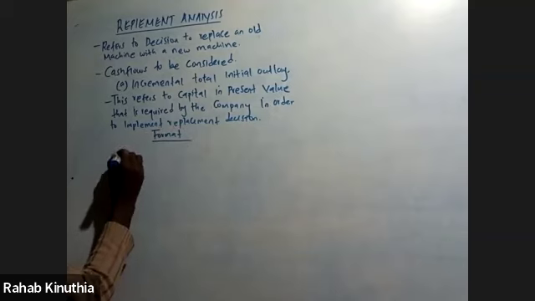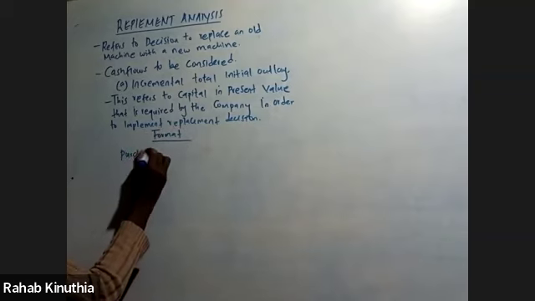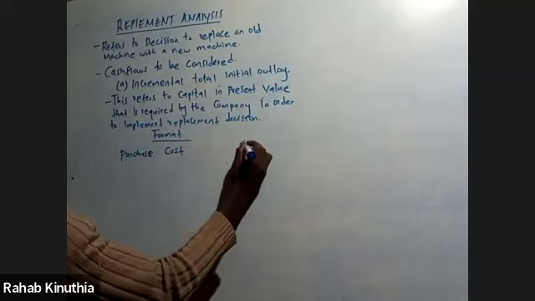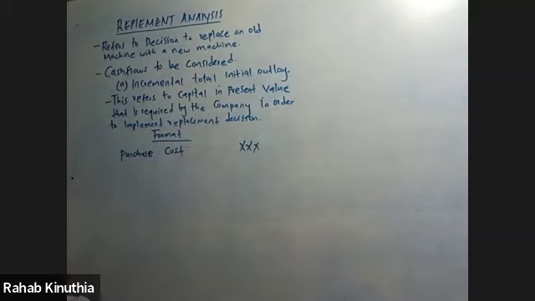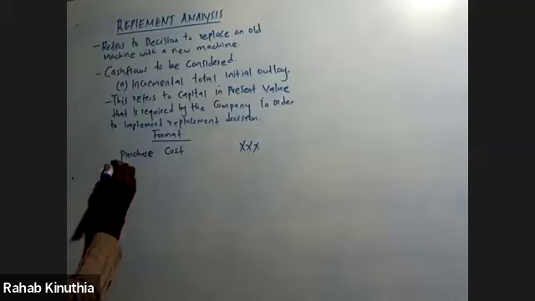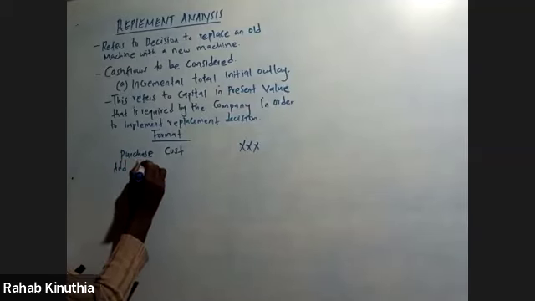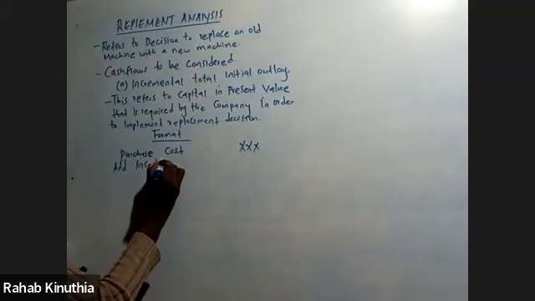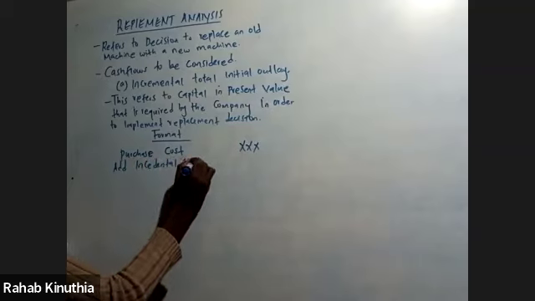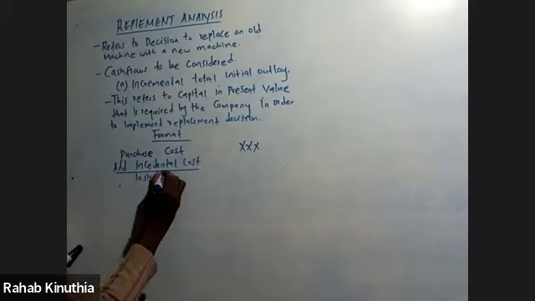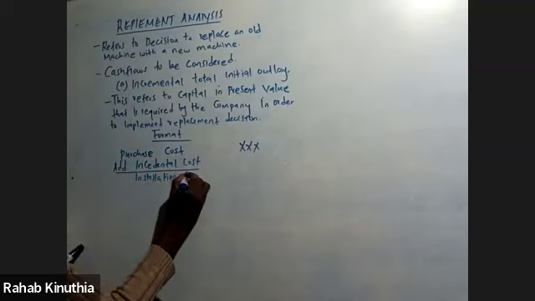So we need to start with purchase cost. Once we have the purchase cost, we add incidental cost. For example, we can have installation cost.